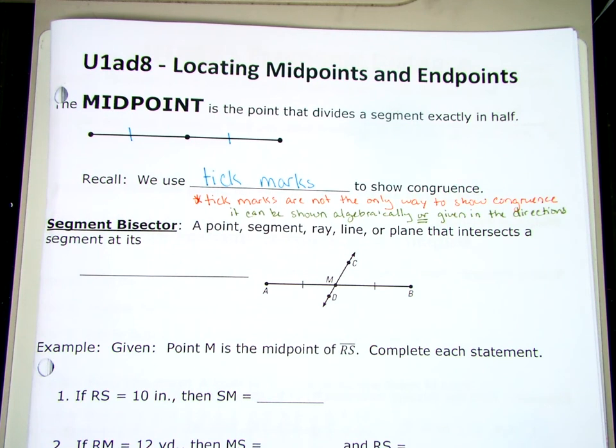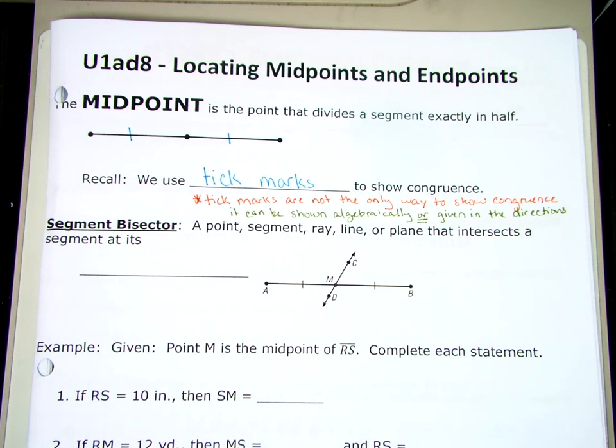Yes, because it might say in the directions, point P is a midpoint, right? If you don't read that and you're just looking for tick marks, it may not have tick marks, but they did tell you that you have a midpoint. Okay? So don't always just look for tick marks. There's also algebra, and they might give it to you written in the directions.